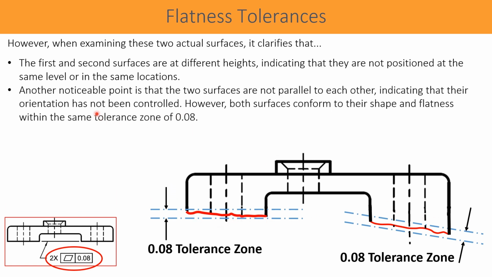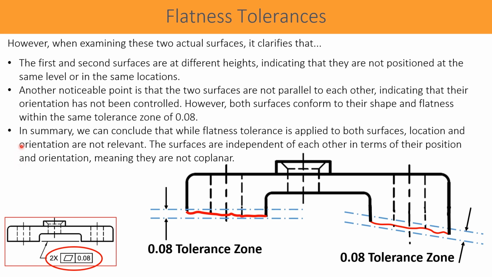Another noticeable point is that the two surfaces are not parallel to each other, indicating that their orientation has not been controlled. However, both surfaces conform in shape as well as flatness within the same tolerance zone of 0.08.